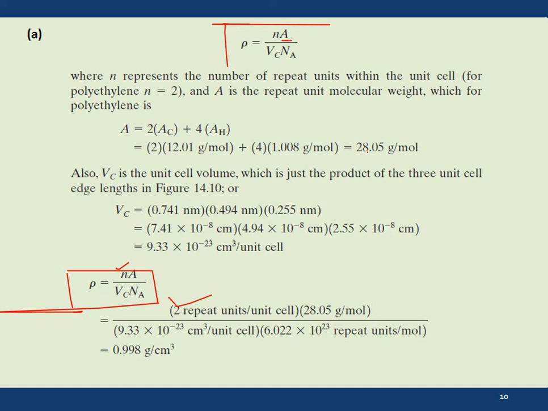We know that the formula of ethylene is like this. It has 2 carbons and 4 hydrogens, something like this, and the 2 bonds are open from this side, which make the polymer.